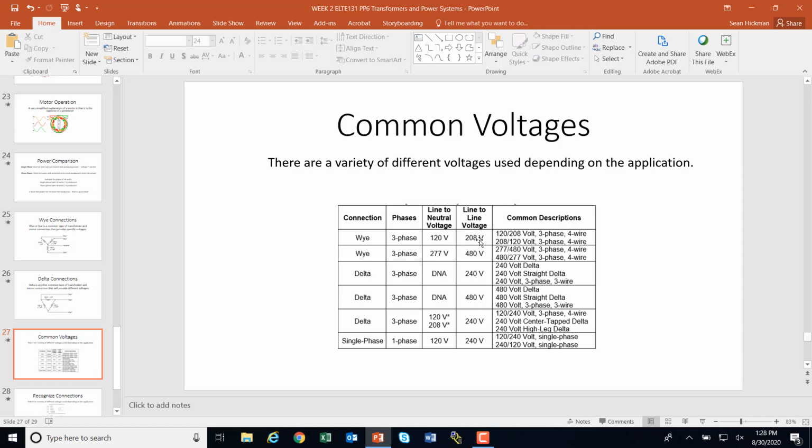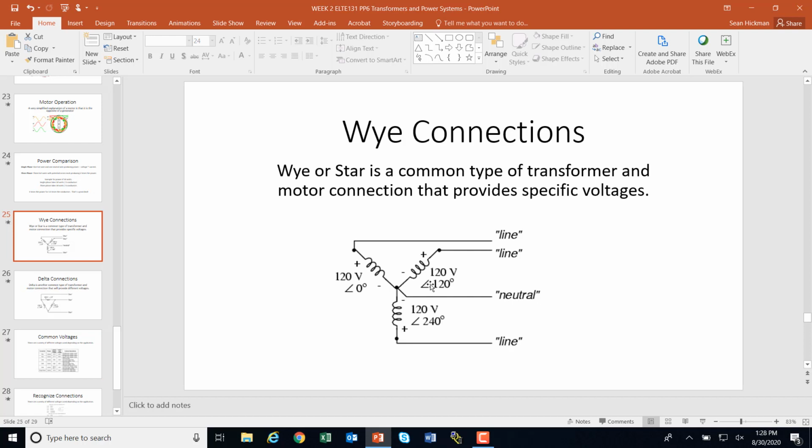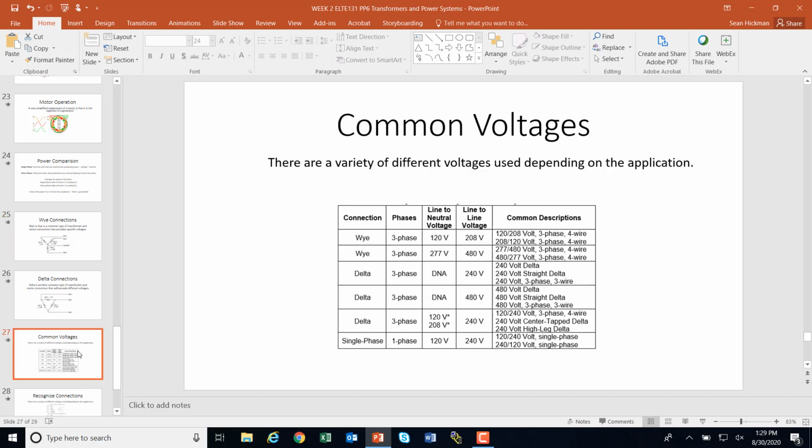So if you wanted to get 208, you could connect these as a Y and you would get 208. And that's what we were showing right there. 120, you could connect: here's a 120 to neutral, here's a 120 to neutral, and here's a 120 to neutral. And that would give us from line to line 208. Okay? And so if you connect those up as a delta, you're going to get different voltages here, depending on your line to neutral. Okay.